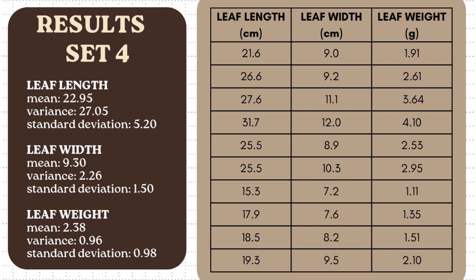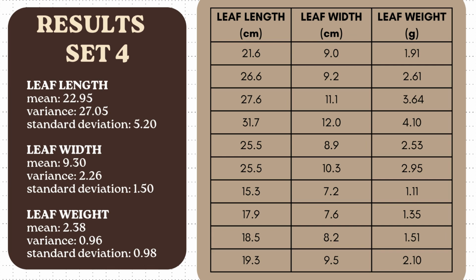Next is leaf width. Leaf width shows a mean of 9.30 with a lower variance of 2.26 and standard deviation of 1.50, suggesting that the widths are more consistent compared to the length.